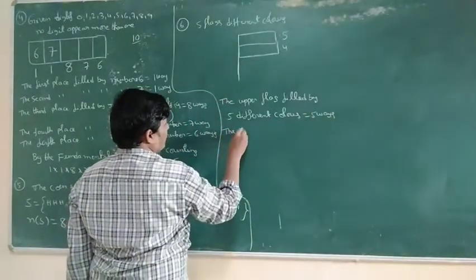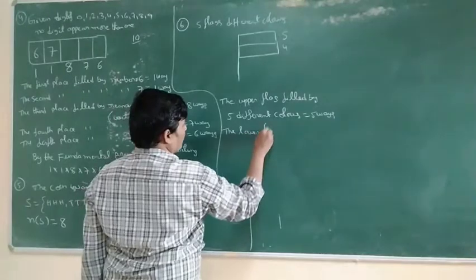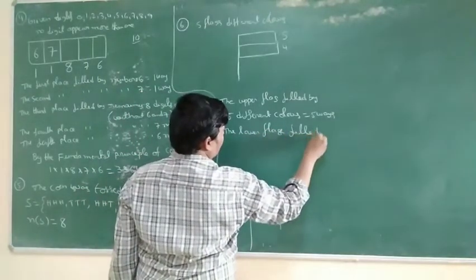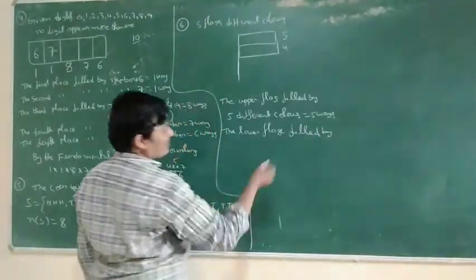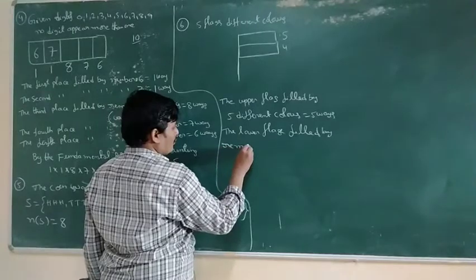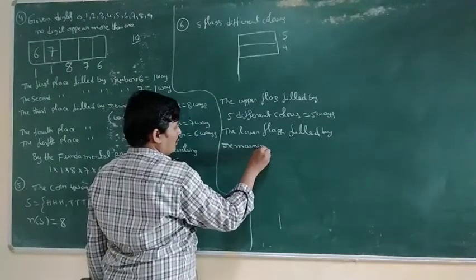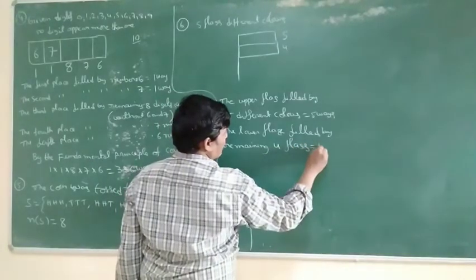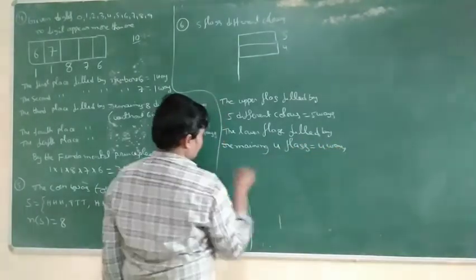The lower flag is filled by the remaining 4 flags, equal to 4 ways.